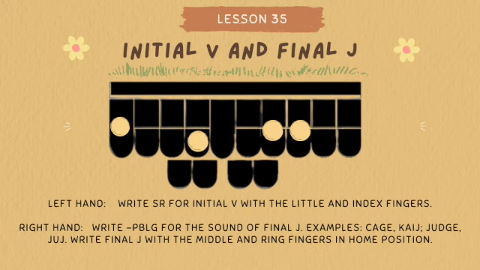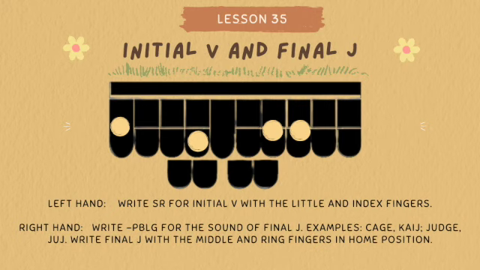For final J, using our right hand, we write finals PBLG for the sound of final J. So we will be using our right middle and ring fingers. Okay, so for final PB, we will use our right middle finger.